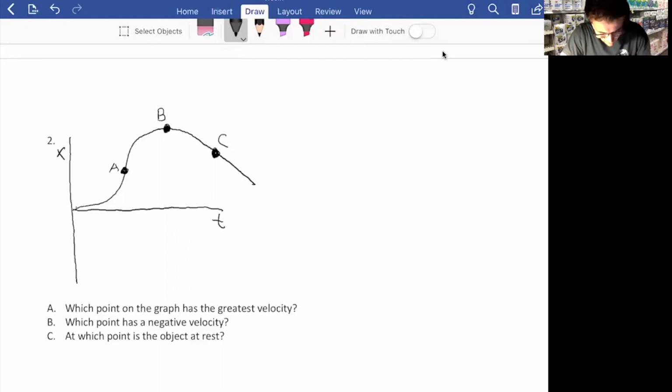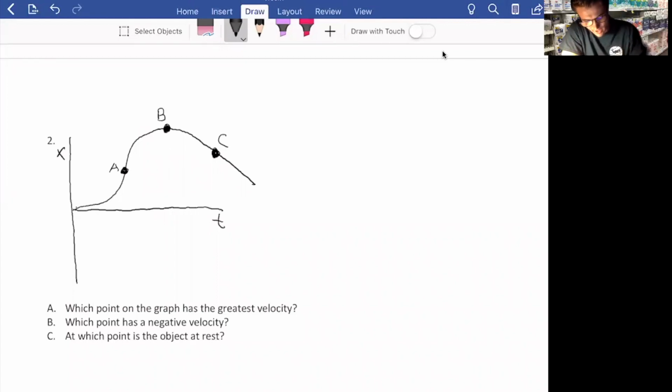So at which point in this graph is the velocity the greatest? Well, we know that velocity is just the rate of change of position, right? So whichever point has the largest slope will have the greatest velocity. So which point has the largest slope? Well, A is pretty convincing, right?